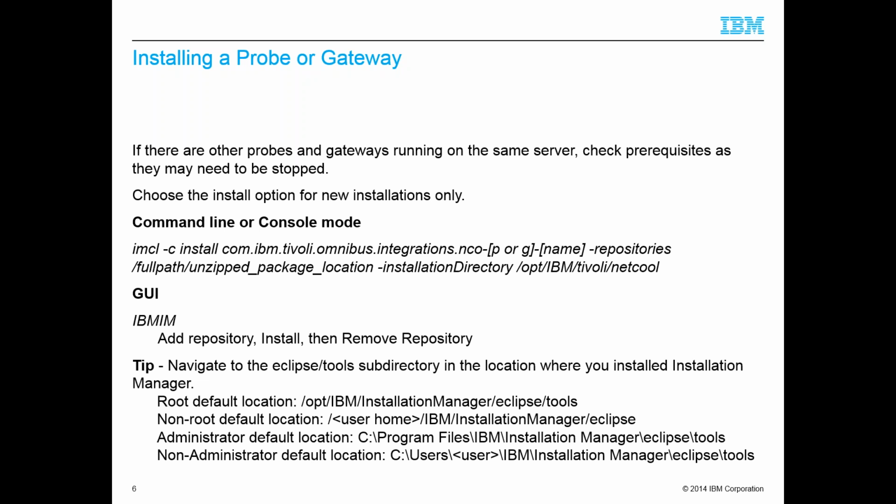Then -repositories, and this will be the local file location where you have unzipped the probe or gateway package, so the full path to the unzipped package location. Then -installationDirectory, and this is your NC home directory. /opt/IBM/tivoli/netcool is the default location.